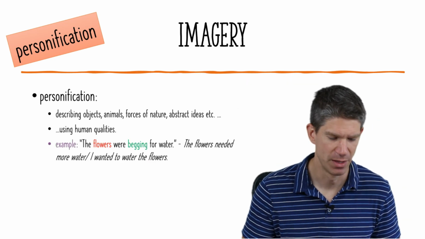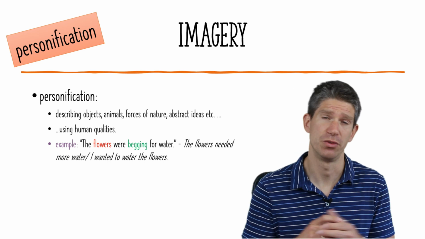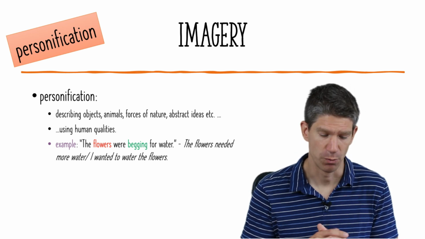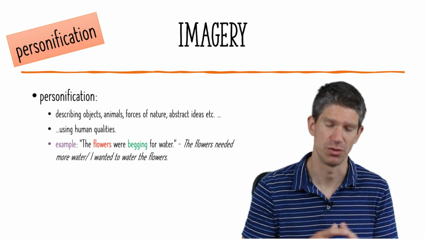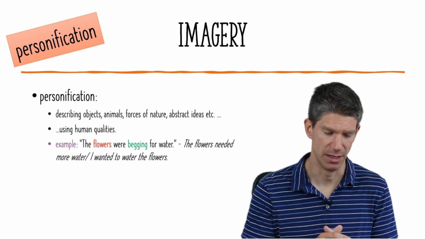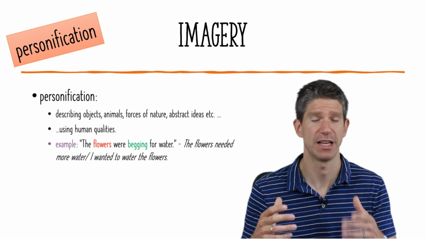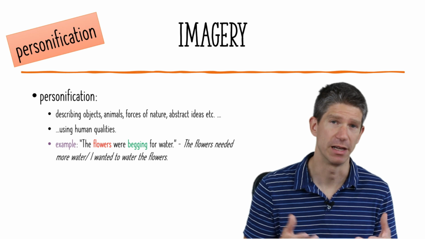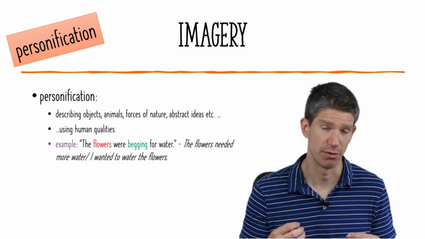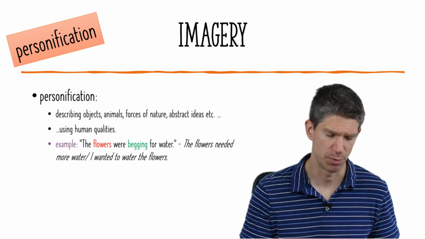That is the idea. So when I say the flowers were begging for water, what I mean is, of course, the flowers needed water, or I really wanted to water the flowers because they looked dry. But of course, the flowers cannot really beg for water. Only a person can beg for something. So I'm giving the flowers a human quality to express an idea.